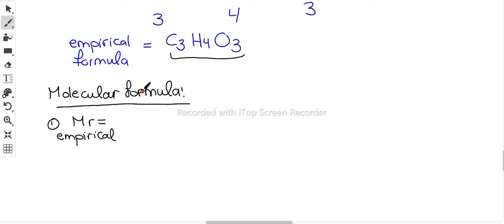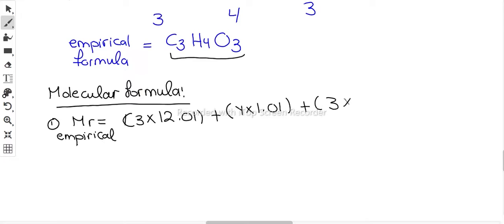So I have 3 carbons multiplied by 12.01 plus I have 4 multiplied by 1.01, and finally I have 3 times 16, and my final answer is 88.07 gram per mole.